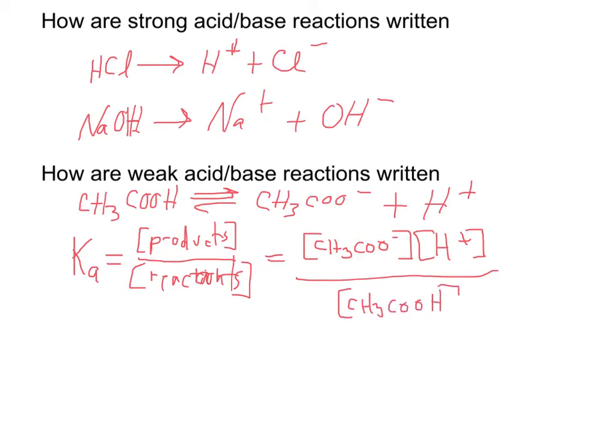So looking at this, if the numerator is bigger, we're going to have a number greater than 1. If the denominator is larger, in other words, if most of it doesn't dissociate, then we're going to have a value of less than 1. For weak acids, this is generally the bigger of the two.